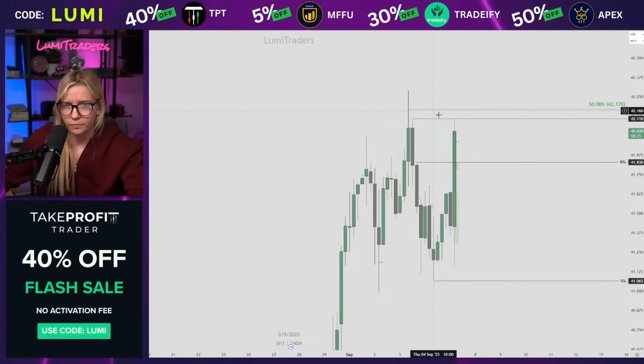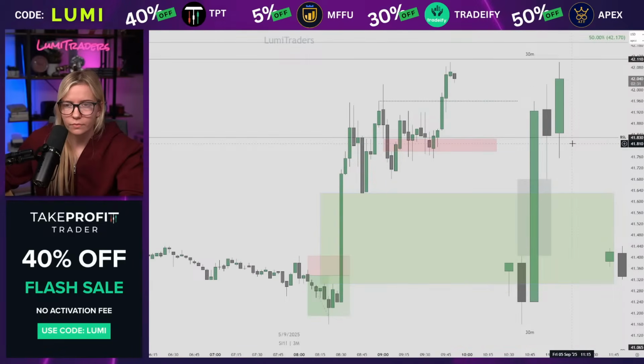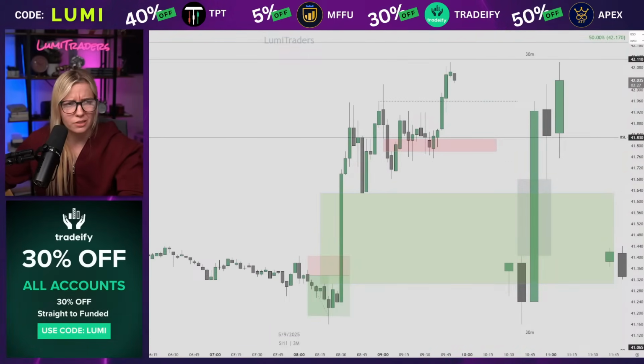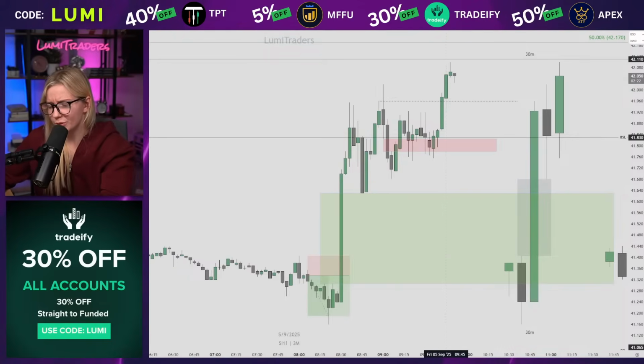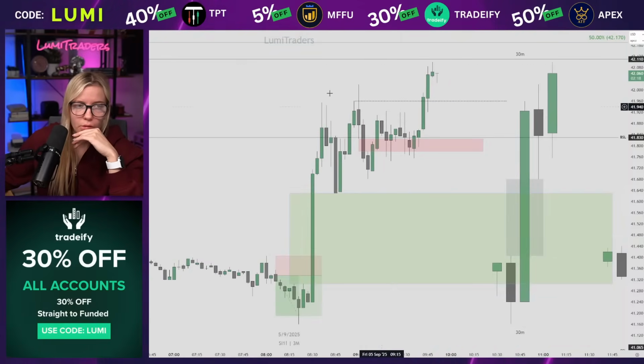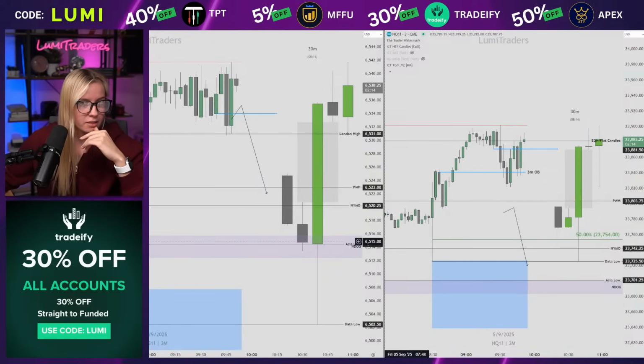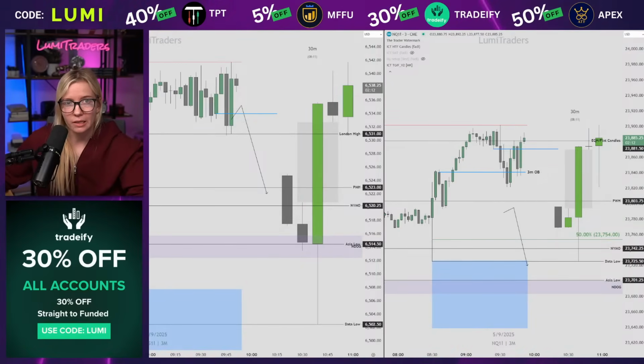Okay. So I overall don't see a good setup yet, like a high probability setup yet. But probably will look for the trade on ES. I like ES more. Stop loss a bit less.